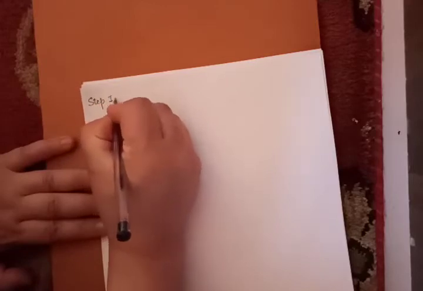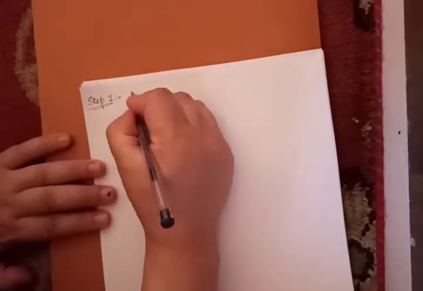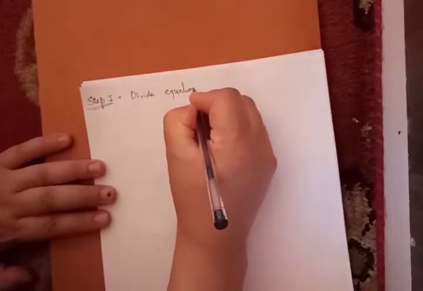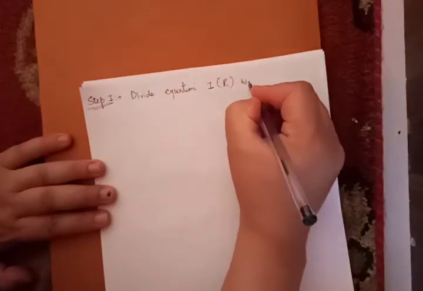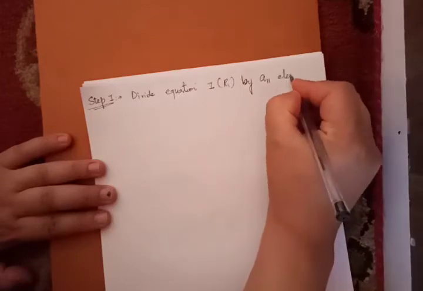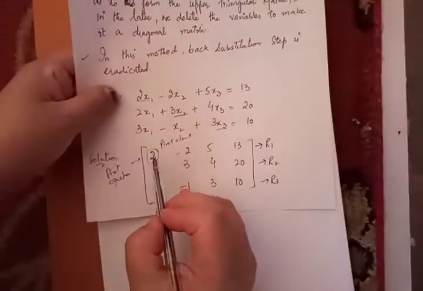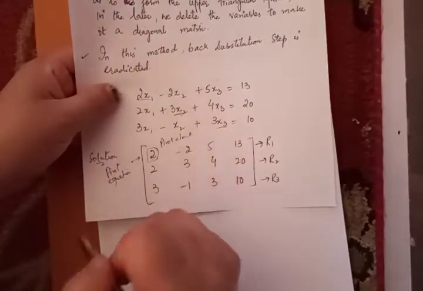Step first, divide equation first, that is R1, by A11 element. A11 means the first element of the equation.